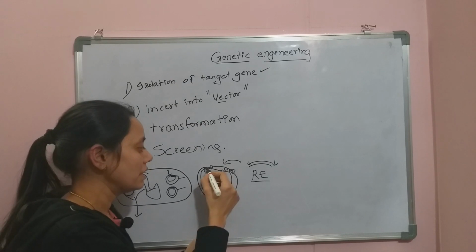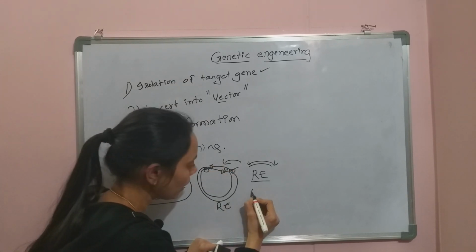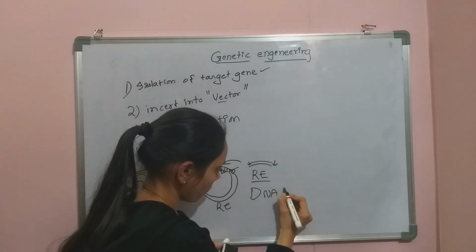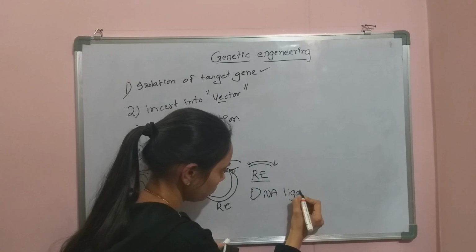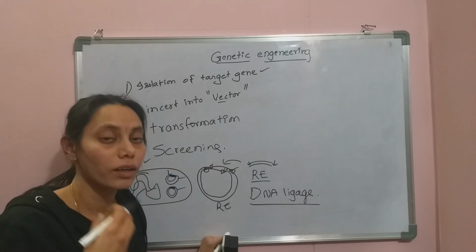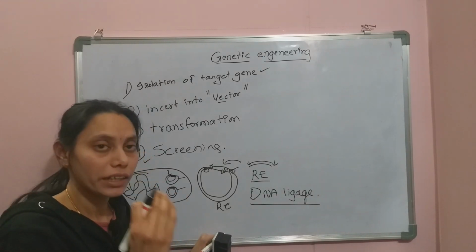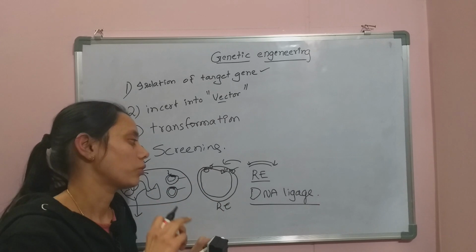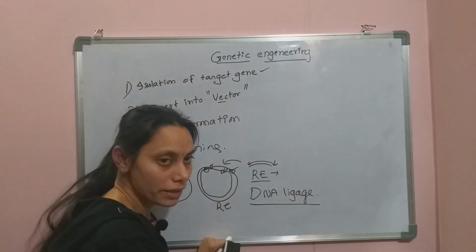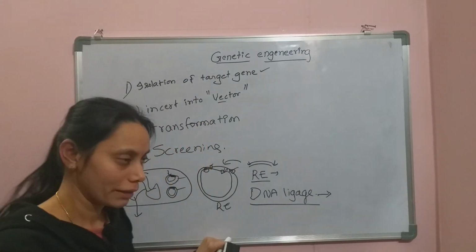So here these nicks are sealed by DNA ligase. This DNA ligase is a molecular glue which can patch up the target DNA with the vector molecule. Here the restriction enzymes are called molecular scissors, and ligase is also called molecular glue.